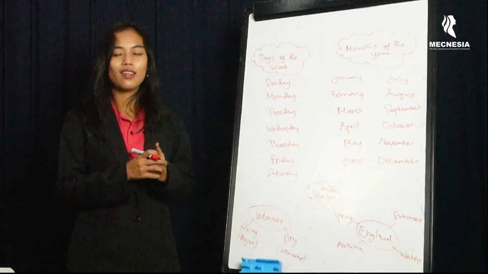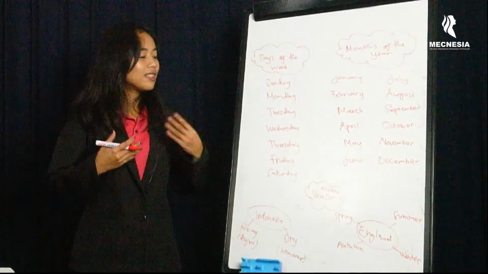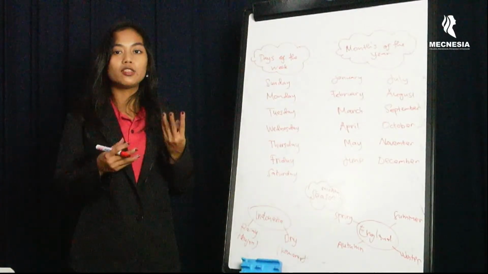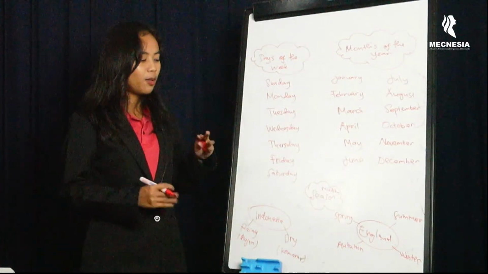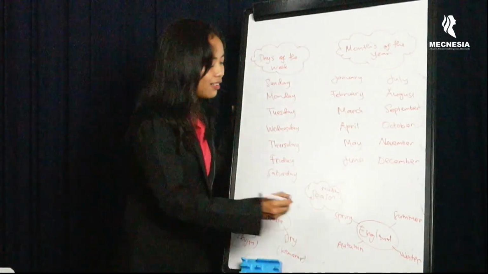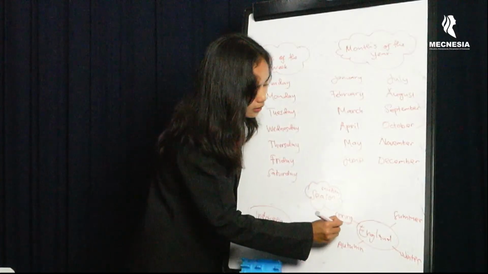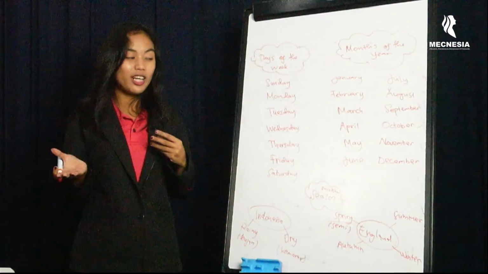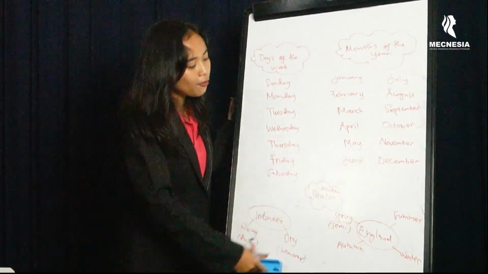Spring. Let's say it one more time. Spring. Spring is the season when the flowers bloom. Jadi, spring itu musim di mana bunga-bunga blooms, mekar. It is musim semi. Spring. Next, we have summer.